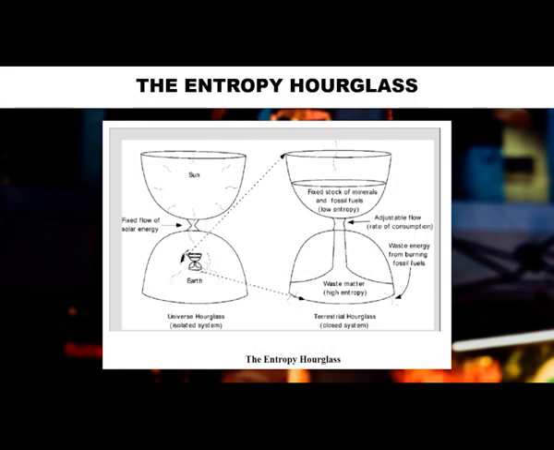As the entropy of an isolated system increases, its available energy, also called available work or exergy, decreases. Here, you will see in that entropy hourglass, the sand in the upper chamber, or left hand side, has the potential to fall continuously. So, available energy corresponds to the useful part of energy which can be transformed into work.